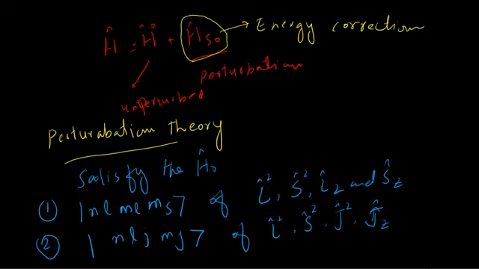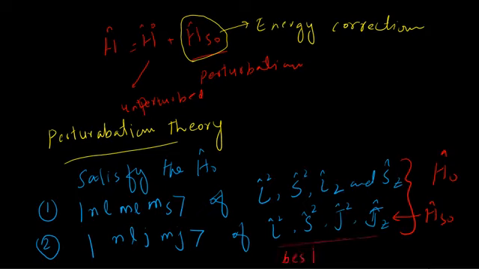H naught can be diagonalized in both choices, but the spin-orbit coupling term, H_so, diagonalizes only with the second choice of state. So obviously the second choice is the best one to find the energy correction.